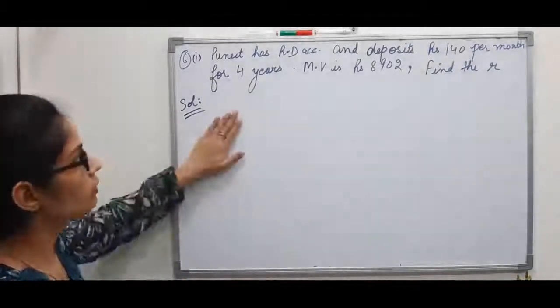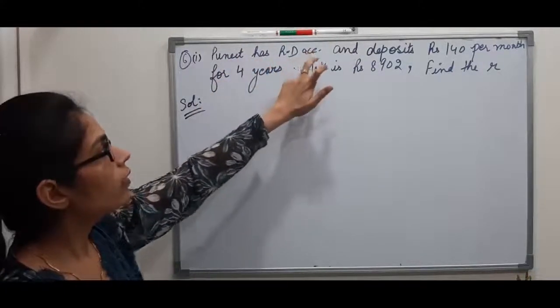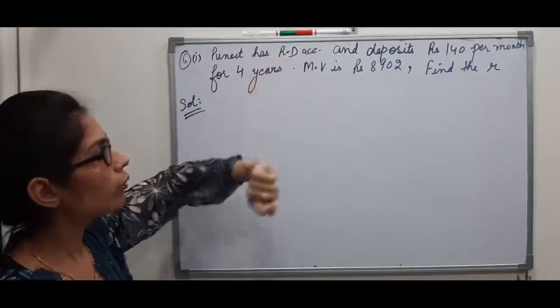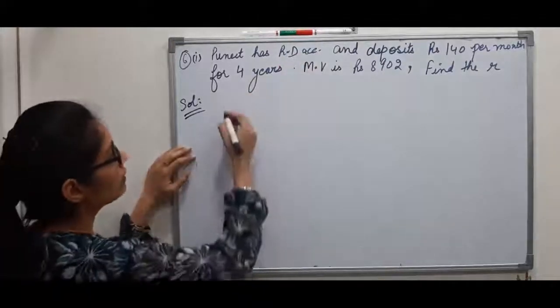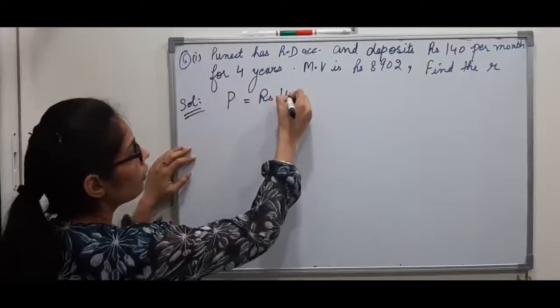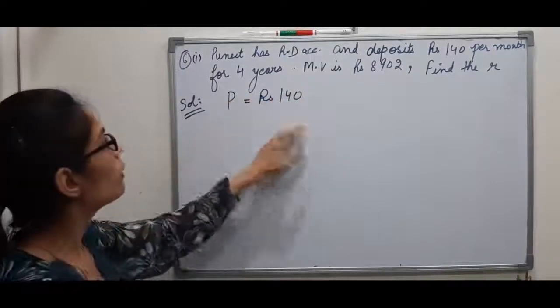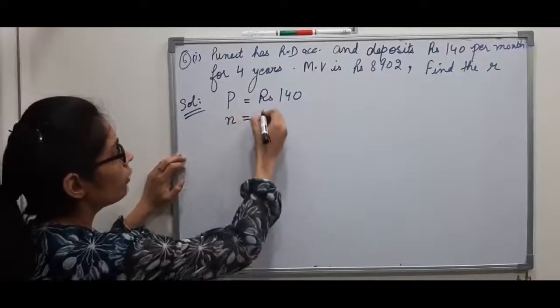This type of calculation speed is required at most, because long calculation and time will be less. So let's do this. See, Puneet has a recurring deposit account and deposits rupees 140 per month. So this means per month the deposit is rupees 140. P is given, and for 4 years, N is also given, 4 years.